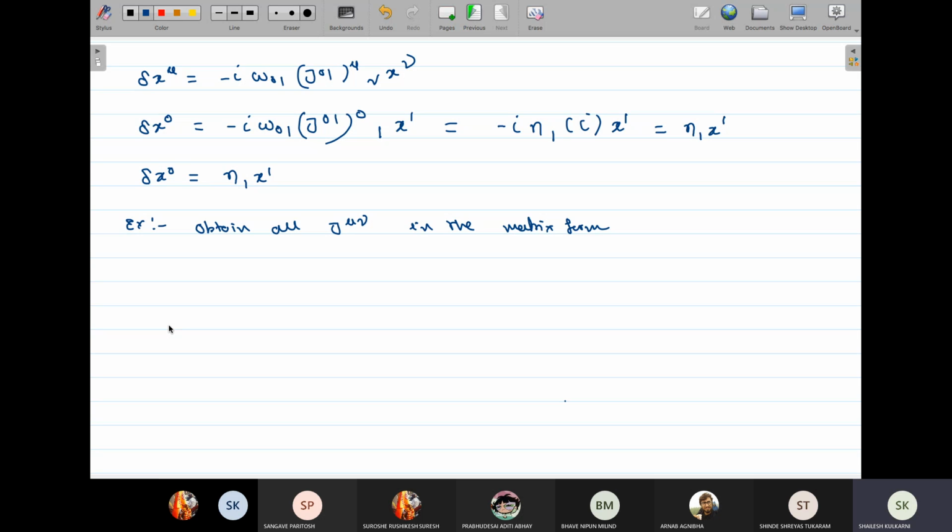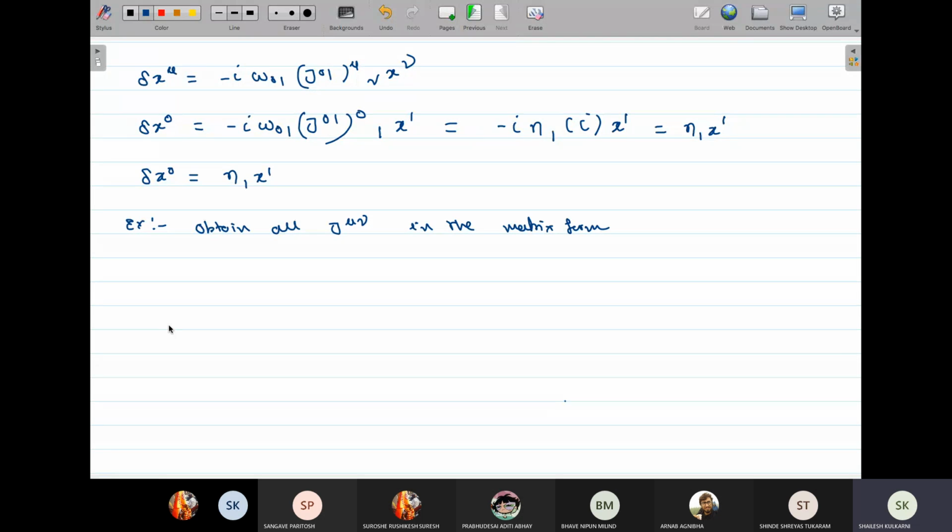Okay. Now then you say that I want the action of J on the state space. But there are certain properties of J's. J1, J2, J3, they don't commute among themselves.